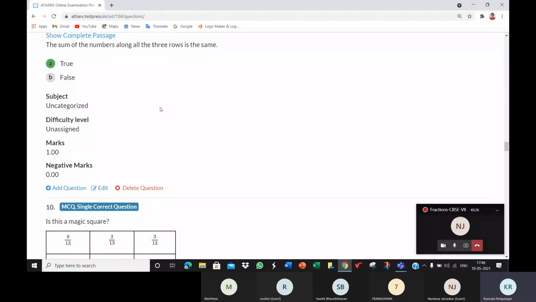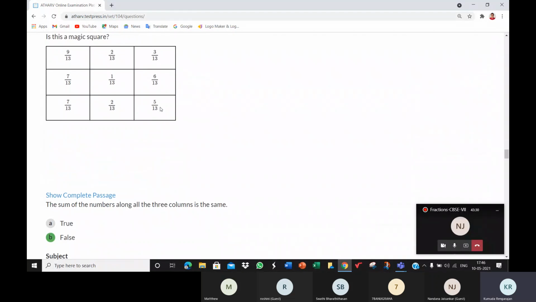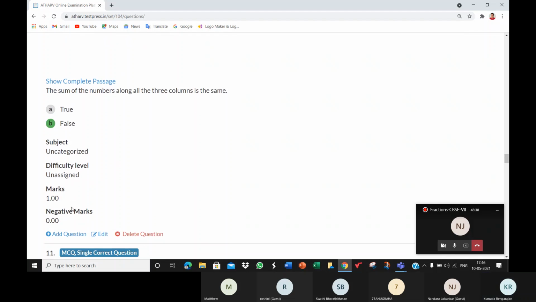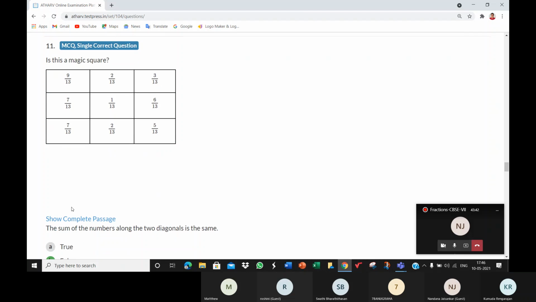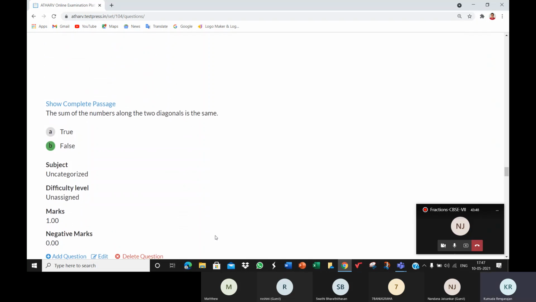Next sub question: the sum of the numbers along the three columns is the same. No, along the three columns it is not the same. False. The sum of the numbers along the two diagonals is the same. False. It's not the same.